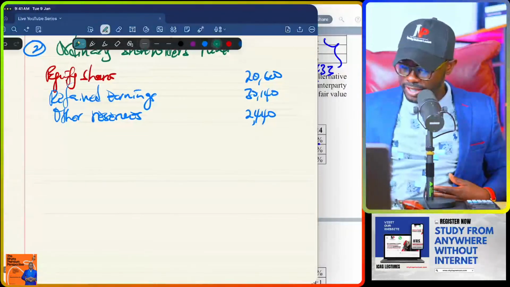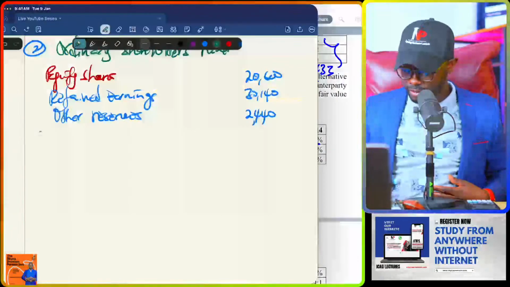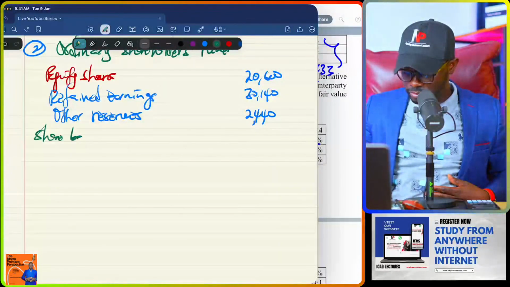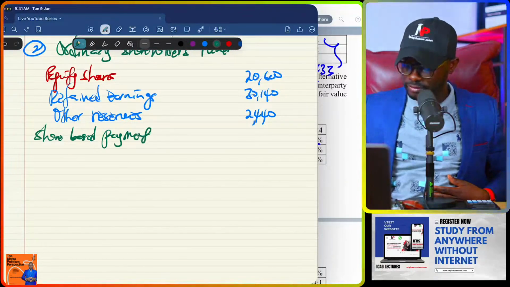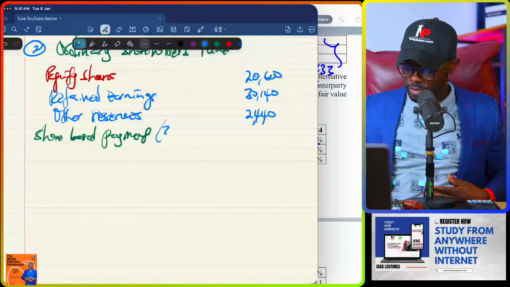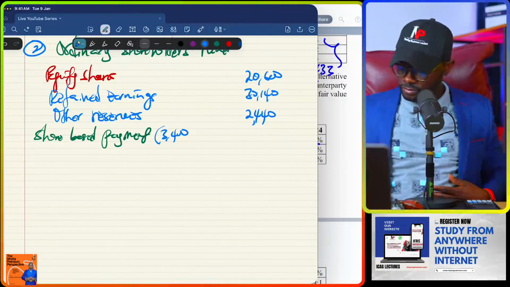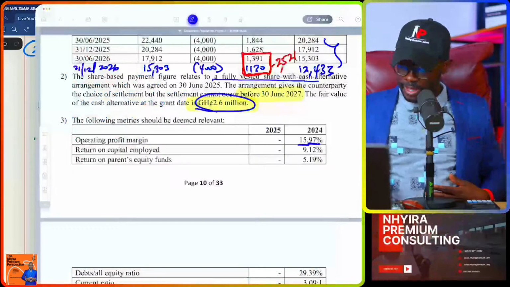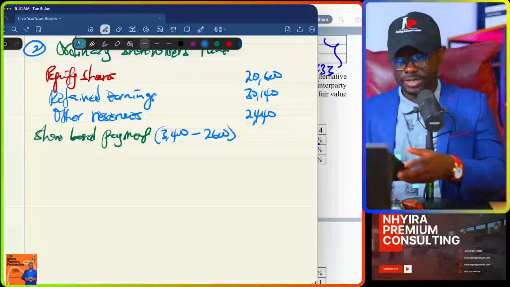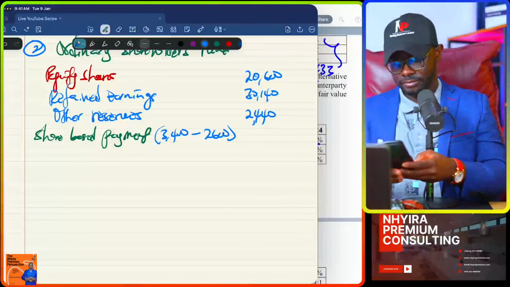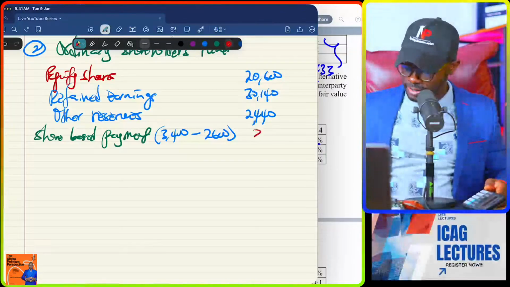So we go here and bring in the share-based payment. Only the equity option. So that's going to be 3,400 minus 2,006, which is the liability component. And that will be what? 3,426. And that's 800.